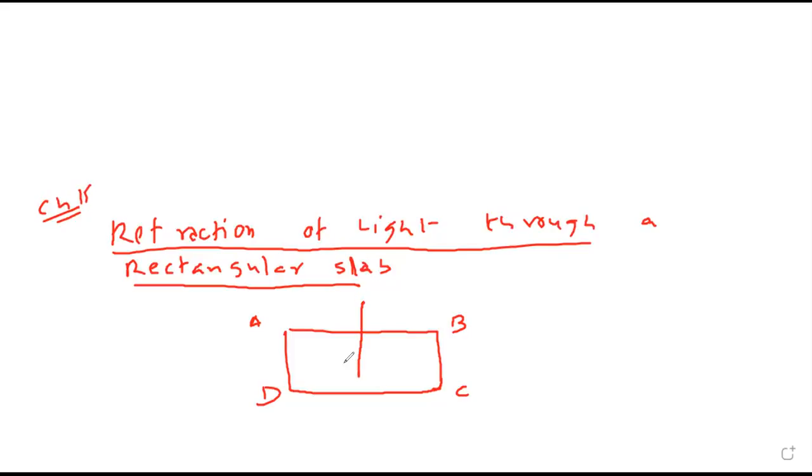So if I draw the ray diagram, the ray is incident on surface AB at point Q such that PQ makes angle of incidence I1. Without refraction, it would have gone in a parallel direction. It undergoes refraction such that this angle is R1.